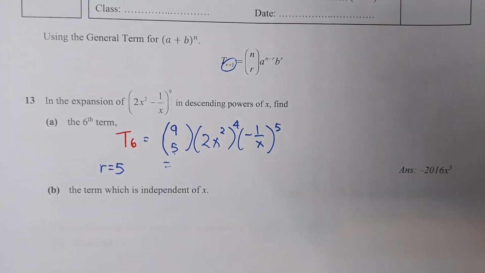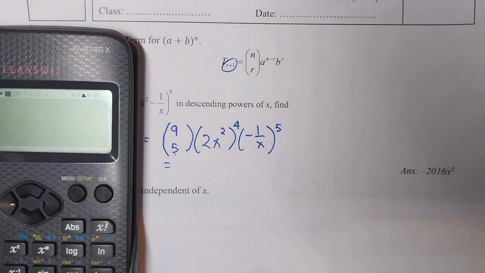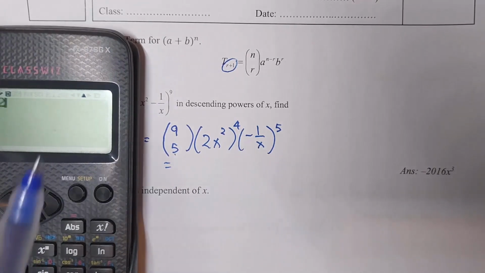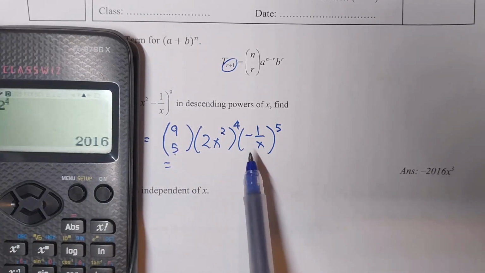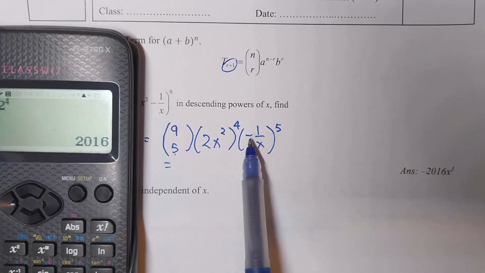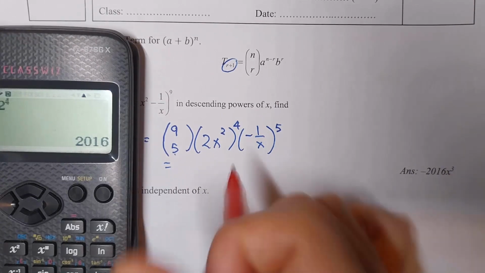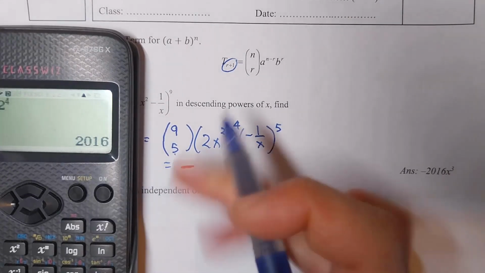And let us first find the coefficient by pressing 9 choose 5 multiplied by 2 power 4. So will it be positive or negative? It is an odd power, so it will be negative. The coefficient is 2016.